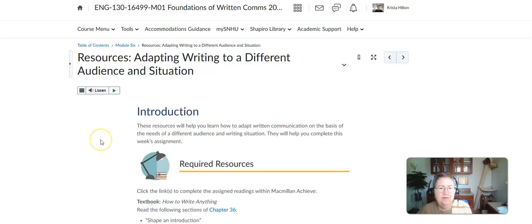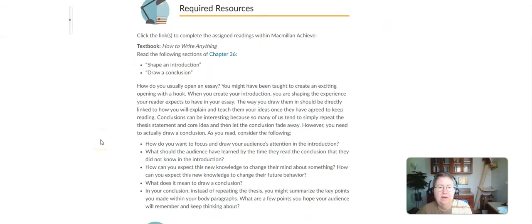Then our next section is, of course, resources. And there's only one reading assignment this time, and it's a little bit of a review. Chapter 36 focused on introductions and conclusions. You've already, by this time, written an introduction and a conclusion for your draft essay that was submitted in Module 5.